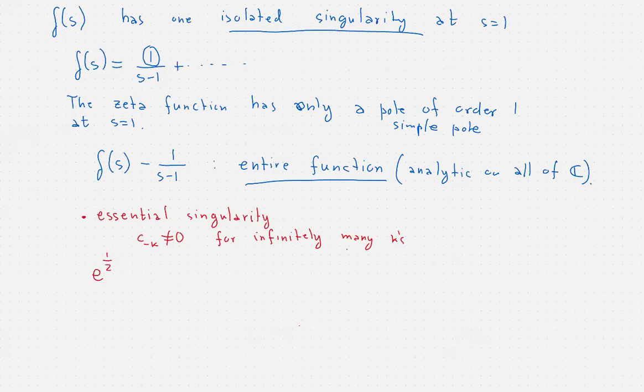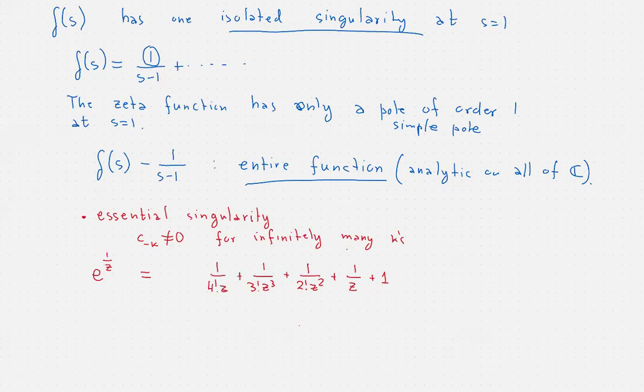If we do so, we get a function that looks like this. It's 1 plus 1 over z plus 1 over 2 factorial times z squared plus 1 over 3 factorial z cubed plus 1 over 4 factorial z to the fourth, and it keeps going.